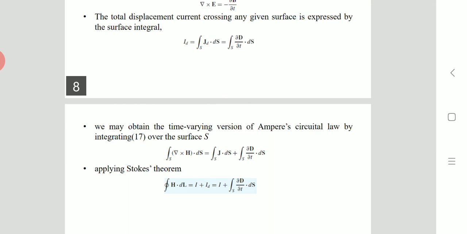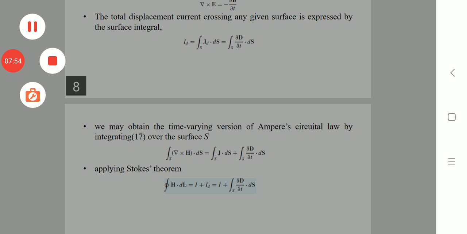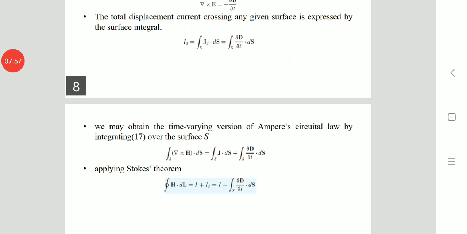Now we may obtain the time varying version of Ampere's circuit law by integrating over the surfaces. The integration over the surface of del cross H dot ds is equal to the integration over the surface of J dot ds plus the integration over the surface of ∂D/∂t dot ds. This is the time varying version of Ampere's circuit law obtained by integrating over the surface.